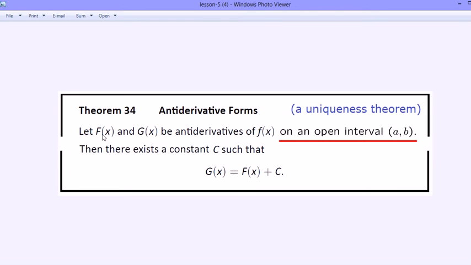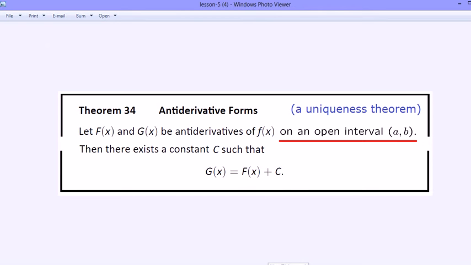So if you have two functions whose derivatives are the same, so antiderivatives of the same function, right? These two are antiderivatives of the same function. And over one interval, then they must be related like this: g of x, the other antiderivative, must be a constant term plus the one antiderivative there.